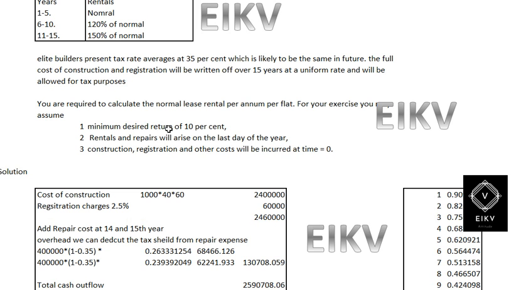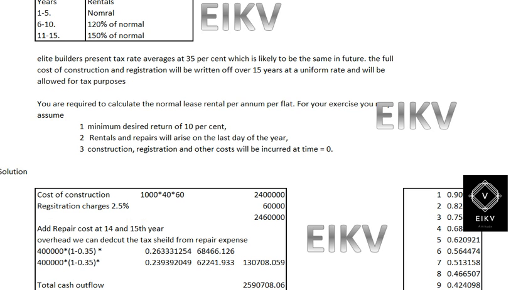The minimum desired return is 10%. The rent and repair will arise on the last day of the year, and construction, registration and other costs will be incurred at time equals 0.